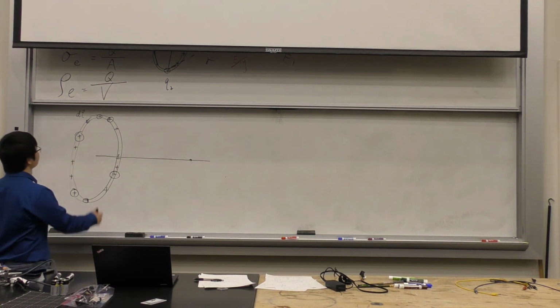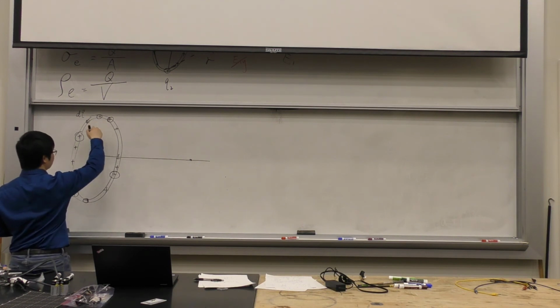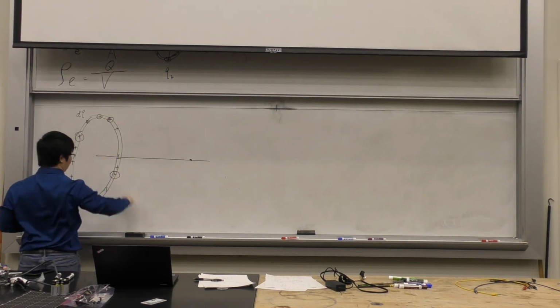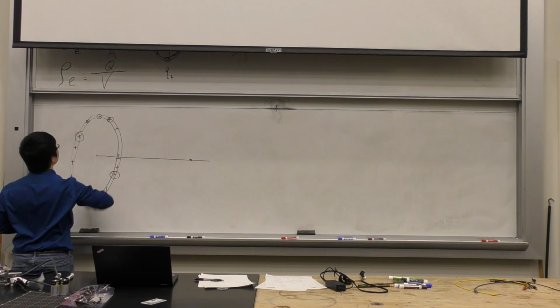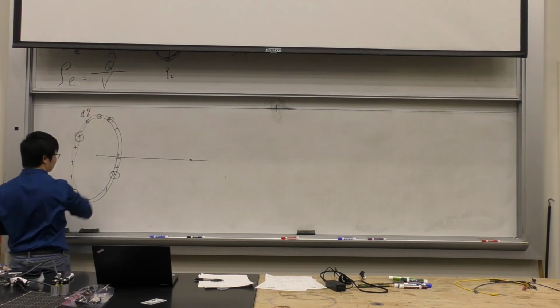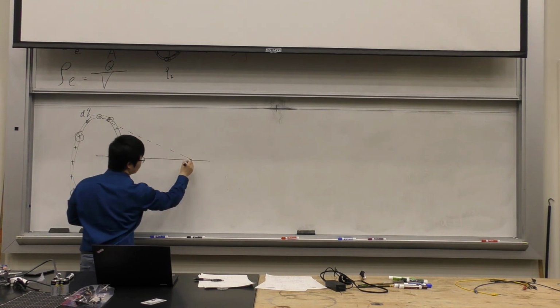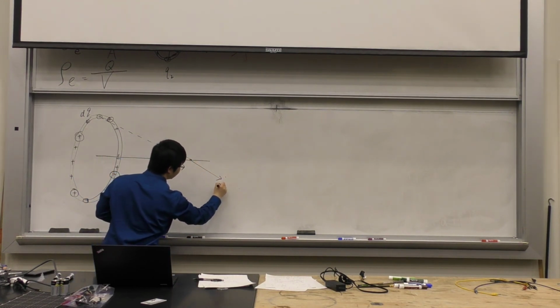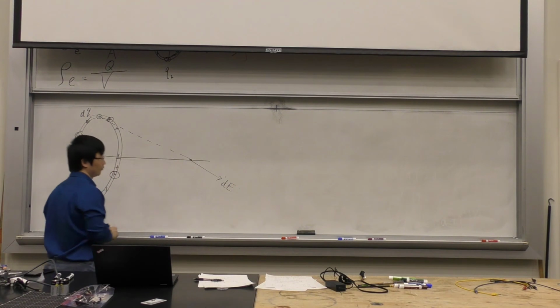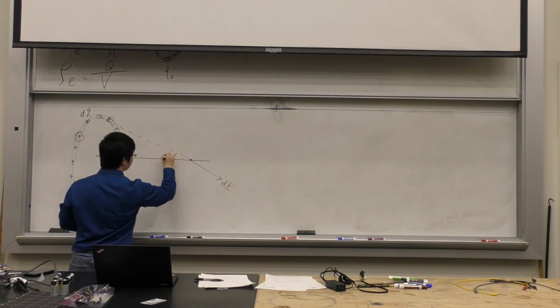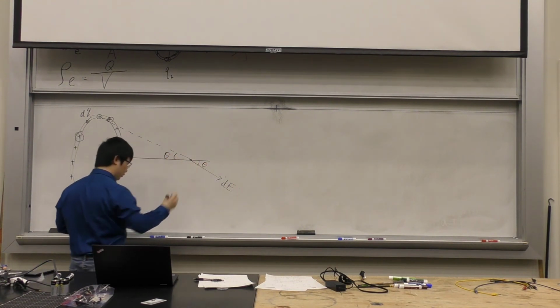So now I'm just going to focus on dq. Let's call this one dq, and let's repeat the same process. This dq creates an electric field in that direction, which I can call dE, and if this angle is theta, or whatever you call it.